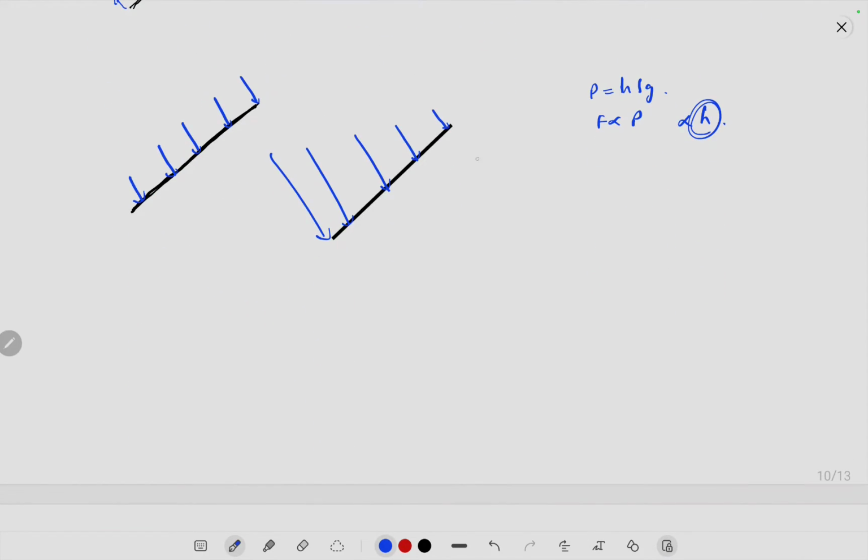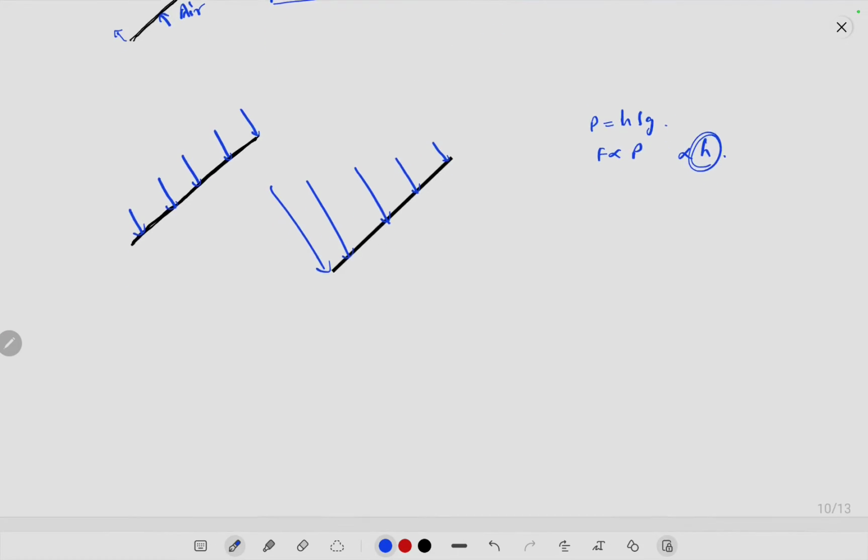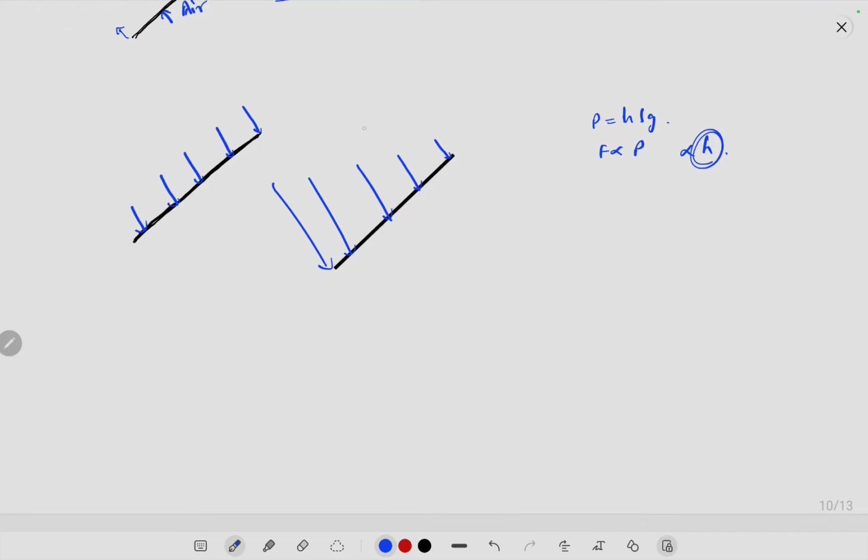Thus this force is inhomogeneous, and since it is inhomogeneous, the net force that we have calculated will actually not be applied on the centroid.